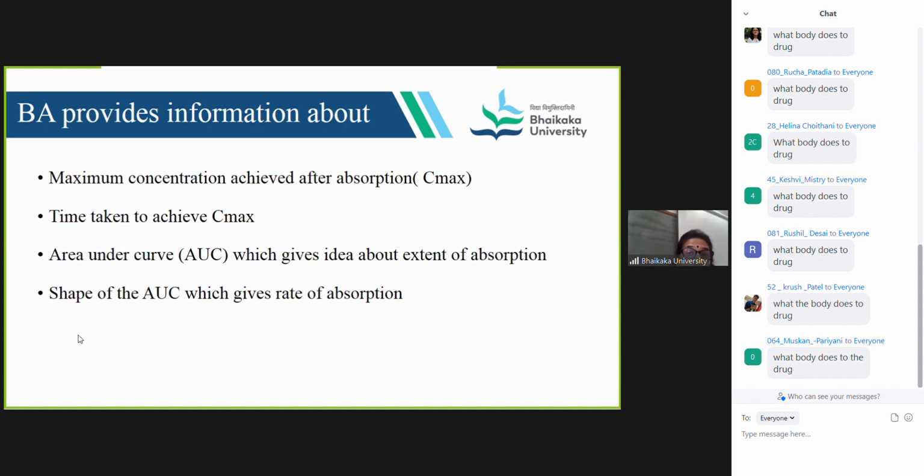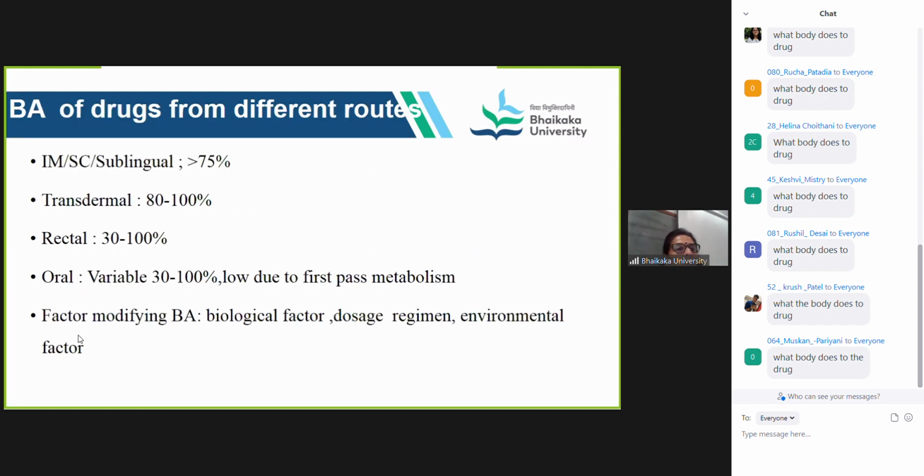One can understand the maximum concentration, how much time is taken to reach this maximum concentration, and the extent and rate of absorption. That is also one of the important points for absorption, and that is bioavailability.